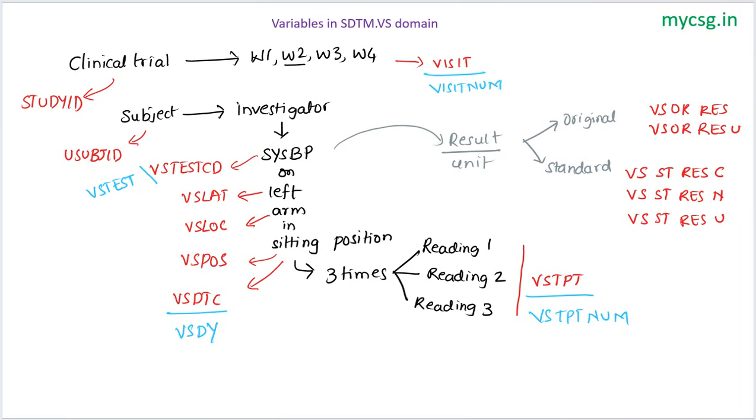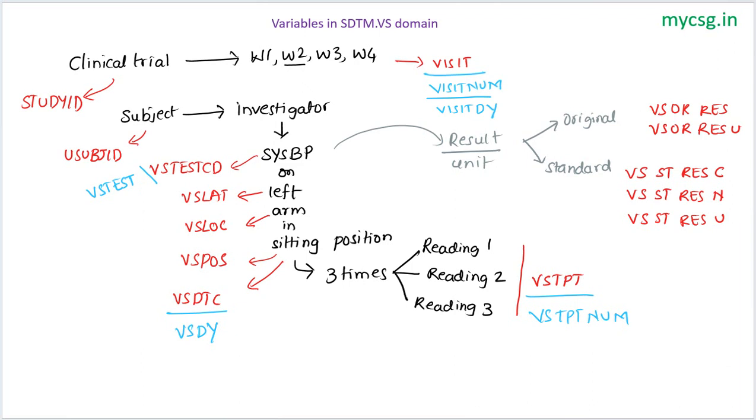For every visit which is supposed to happen, it will be based on a planned schedule. Every visit should happen on a specific predefined day, plus or minus a few days, which is based on the protocol. The planned study day on which the visit should have happened will be stored in a variable called VISITDY.